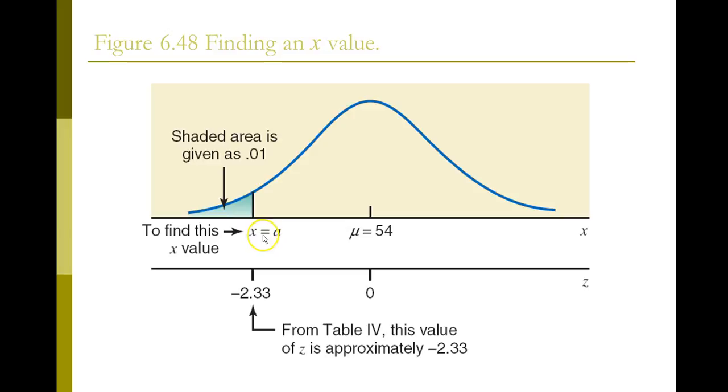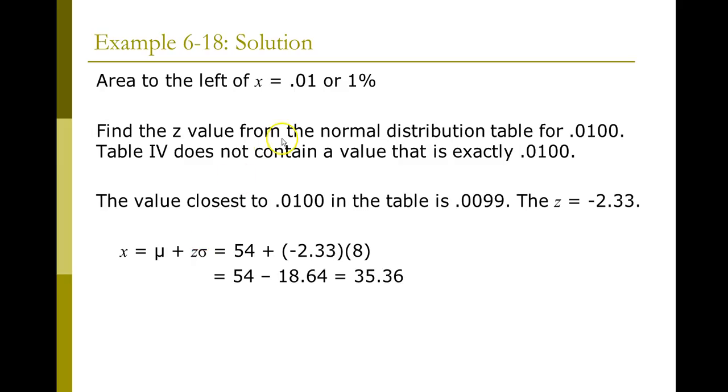So how do we do that? How do we find the number x so that only 1% of the area will be to the left of x? So we want to find the z value from the normal distribution table for 1%.